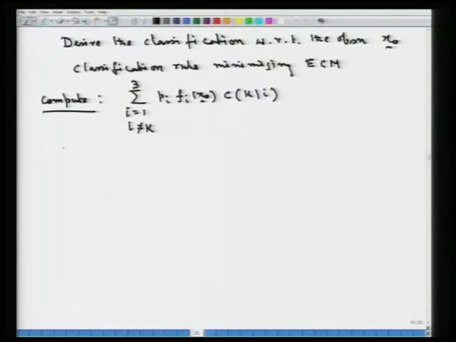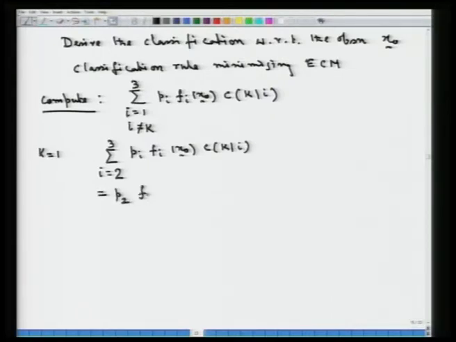So, we compute this quantity for k equal to 1, k equal to 2 and k equal to 3. It is trivial to find this term for k equal to 1, 2 and 3. Since i is not equal to k, if k is equal to 1, then I would start from 2, and look at this product, which is C k given i. This can be computed very easily.